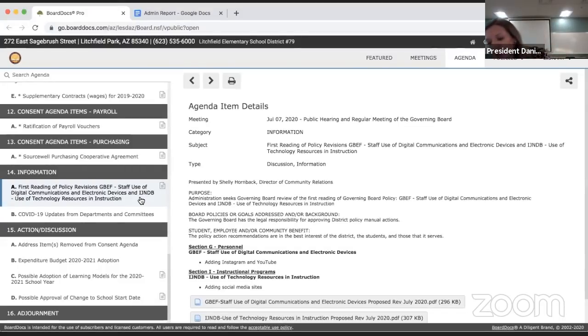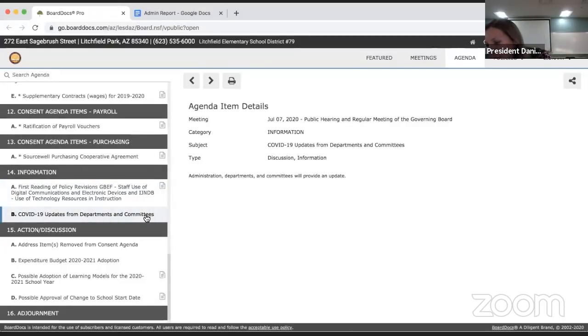Moving on to 14B, COVID-19 update from departments and committees. Looks like John Scudder, you are back in the hot seat. Yes, ma'am. There are a myriad of things to figure out as we think about opening a school in a normal year. This year has made that challenge exponential.